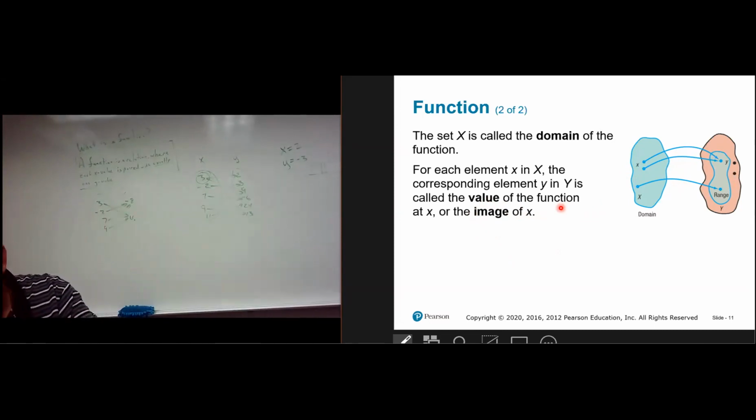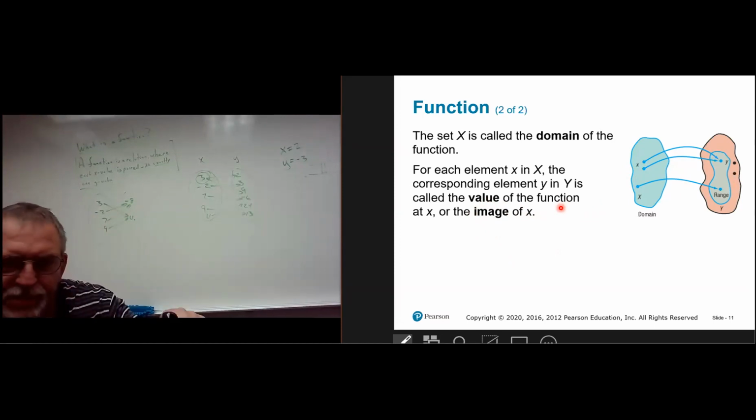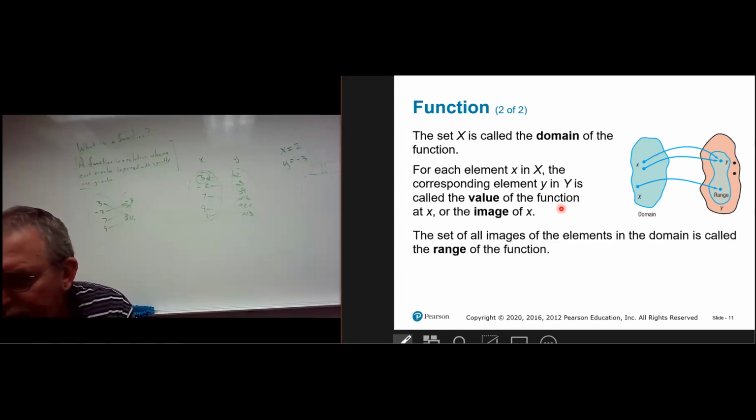Because x gives us a specific y value, and so that y value is the image of x on the range. It's an interesting concept. They talk about the set of all images of the elements in the domain is called the range of the function.